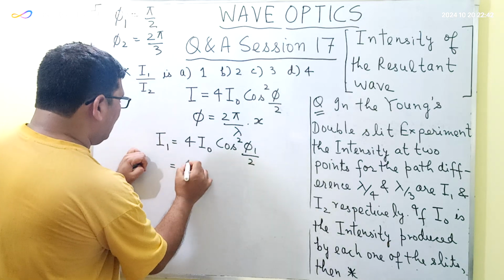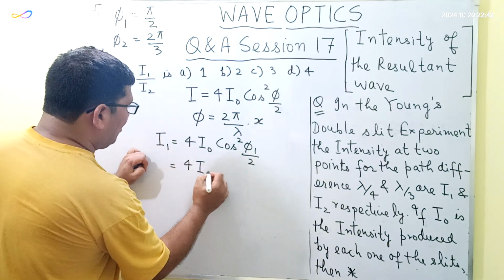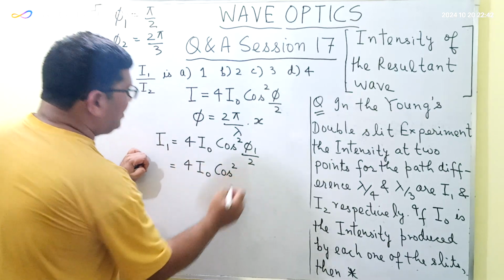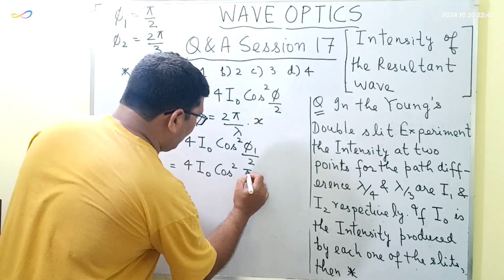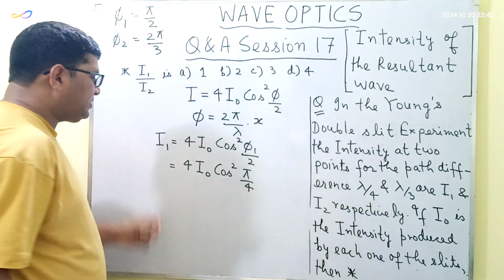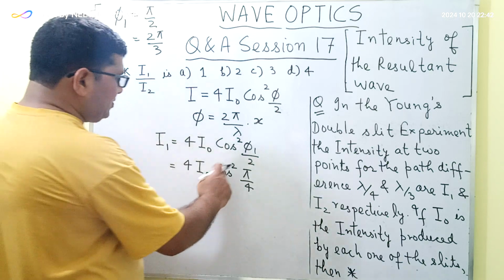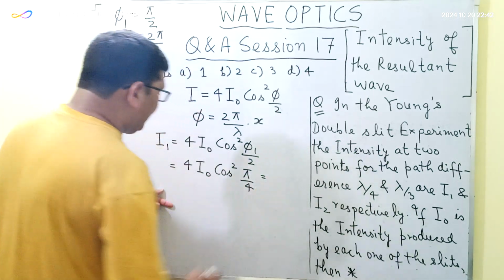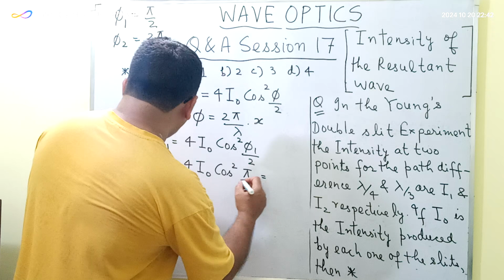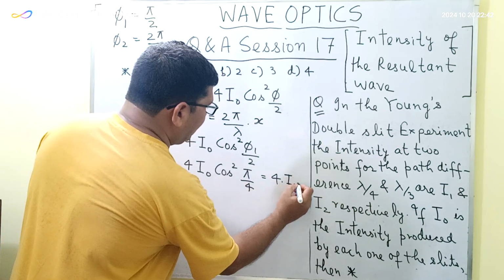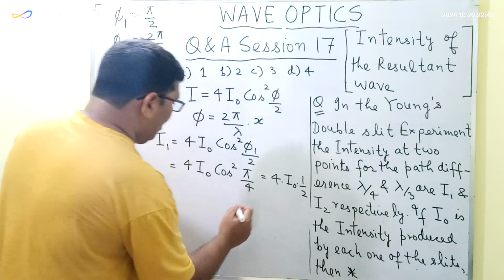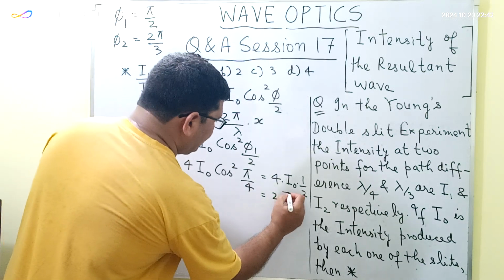Now here the value of phi 1 is equal to pi by 2, so this will be equal to pi by 4. Now cos pi by 4 is equal to 1 upon root 2. So if I square it, then it will be equal to 1 by 2. So I will be getting the value of I1 as 4 into I0 into 1 by 2, or this is equal to 2 times I0.